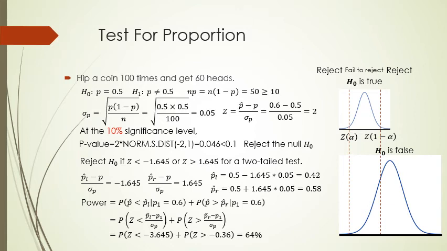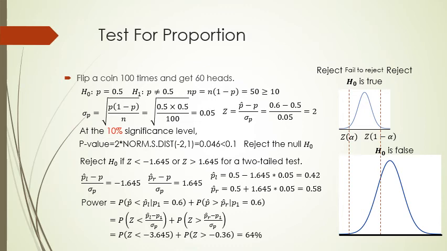Type 2 error occurs when the test statistic falls in between the two dashed lines because we cannot reject the null even though the null hypothesis is false. The area in the left tail is very small and corresponds to the first term, P(z less than minus 3.645), and the probability is only 0.13%.